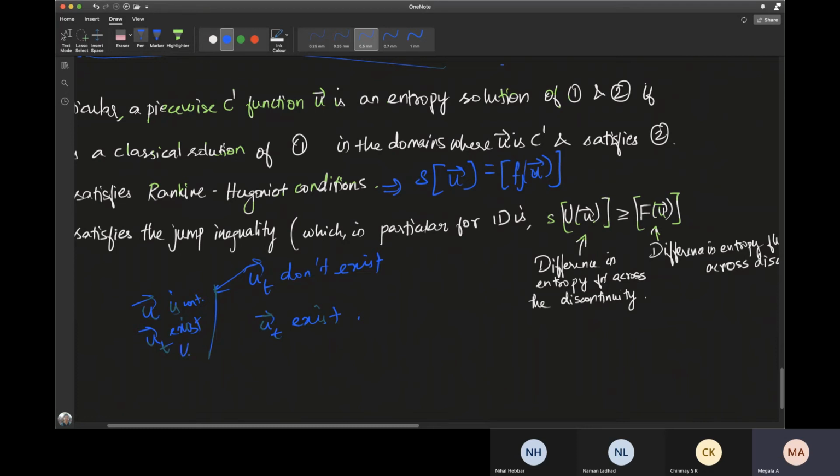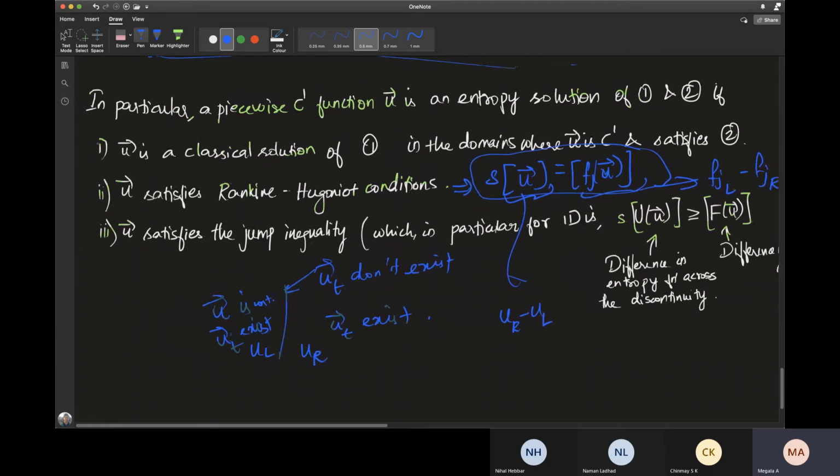If, let's say, your value is UL here, UR here, then this term is now written as UR minus UL. This is now FL minus FR. So this is the speed of the discontinuity.